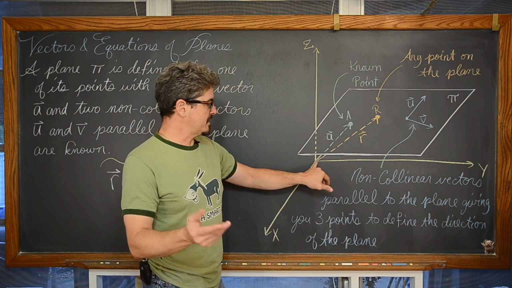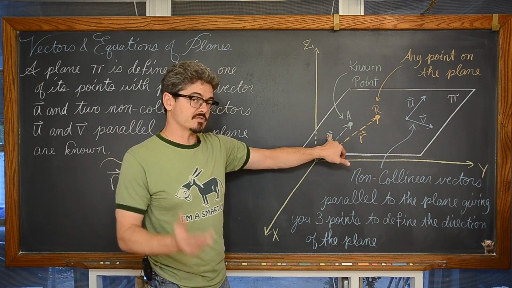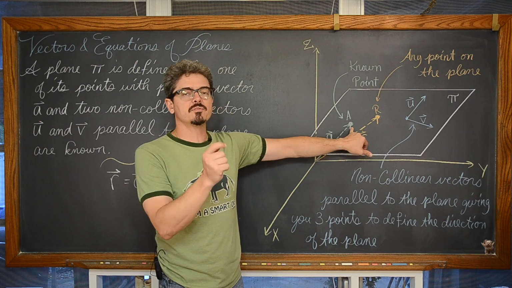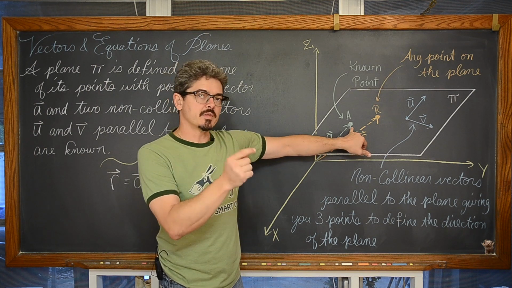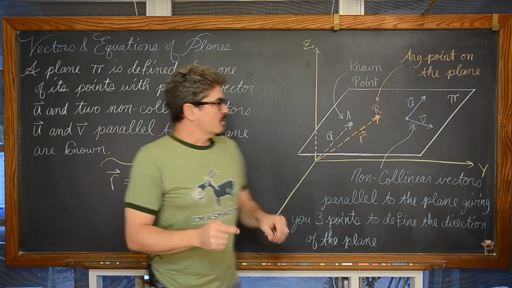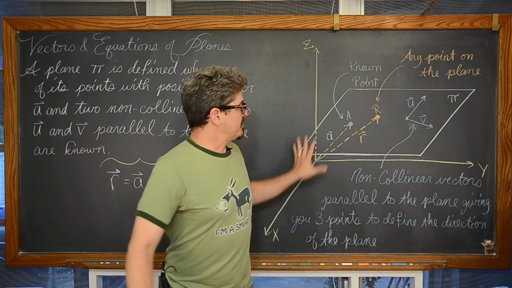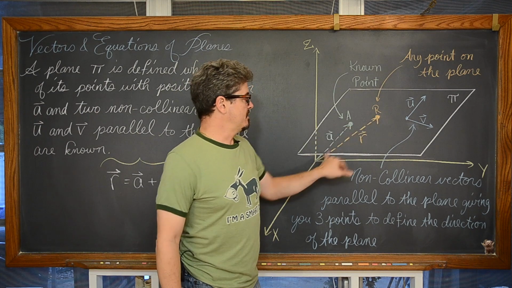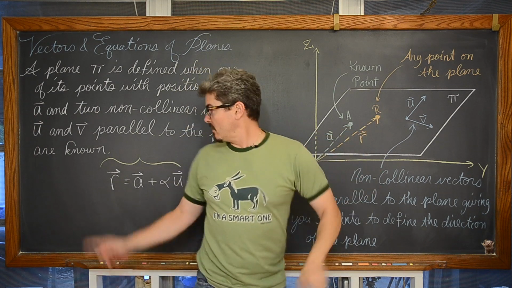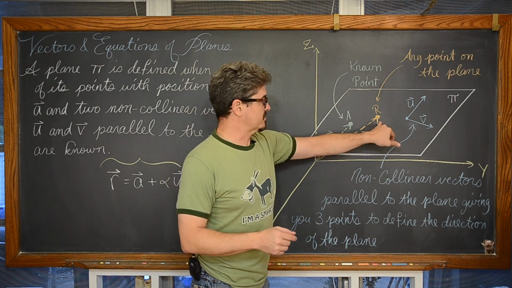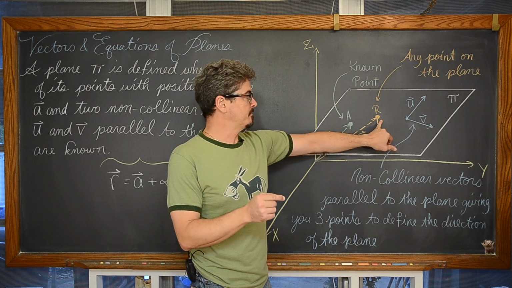So we have vector OA, only we're writing it as just vector A. OA is heading off to that one point that we have to know lies within the plane. And we're going to be able to describe every other point in this plane pi with vector R. Vector R gives us a position vector for every other point that's in the plane.